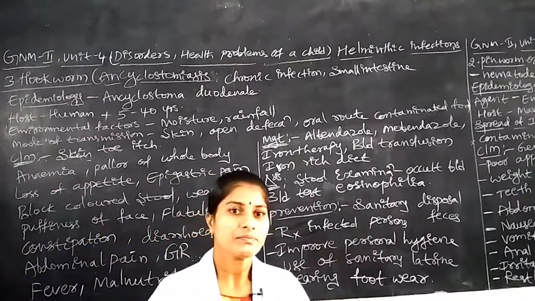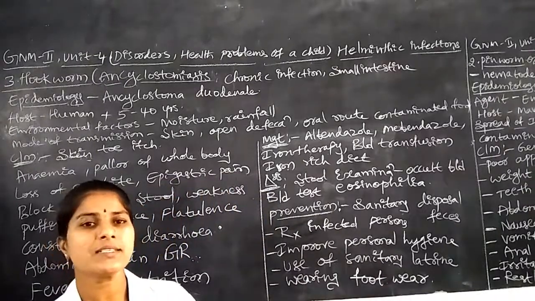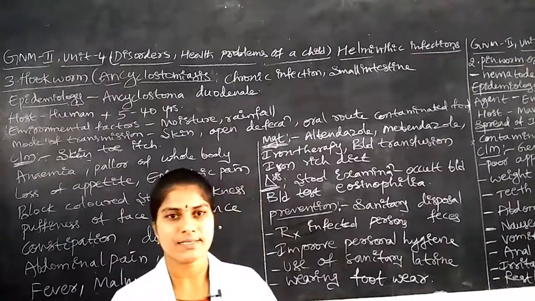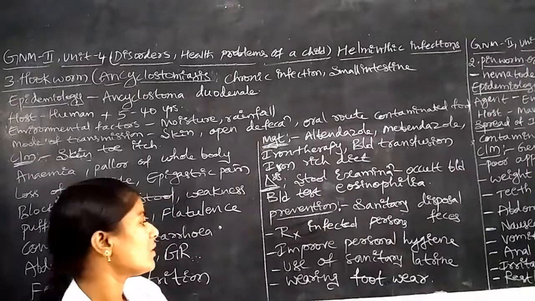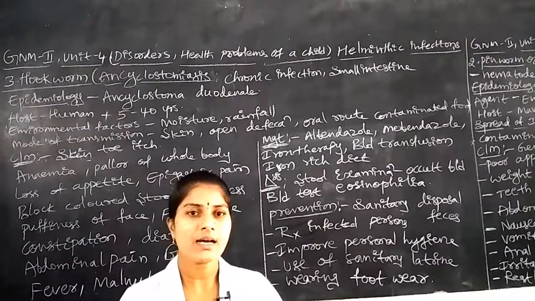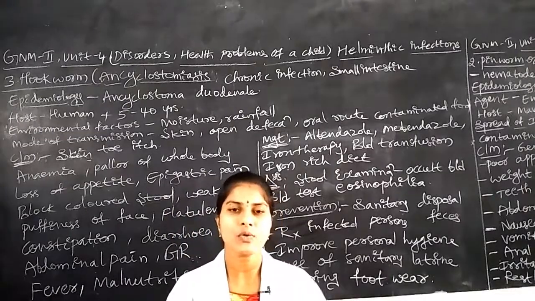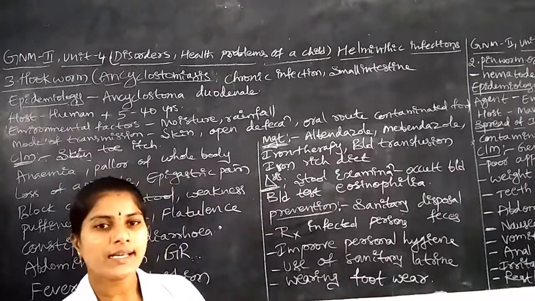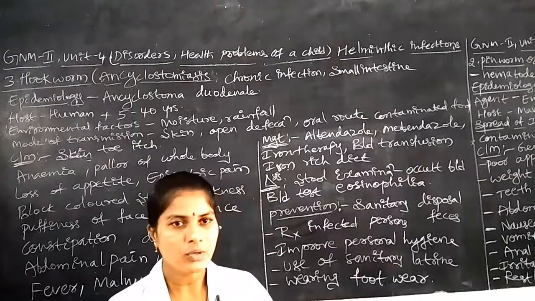Next one is the use of sanitary latrines. When the child is suffering with hookworm infection, we should avoid open defecation. Always we should encourage sanitary latrines. Once the latrines are there in the family, compulsorily we should give some encouragement to the children for defecation in the latrines only.